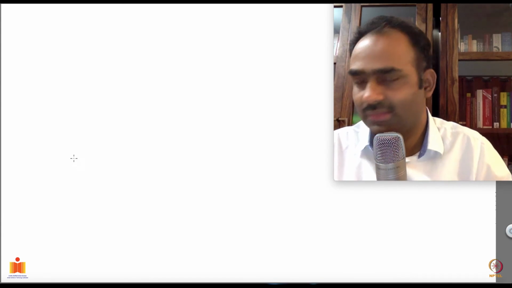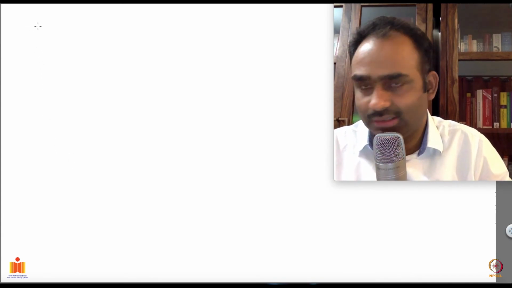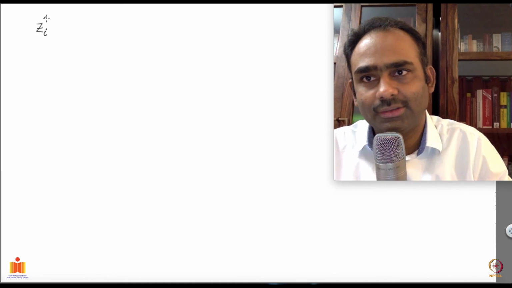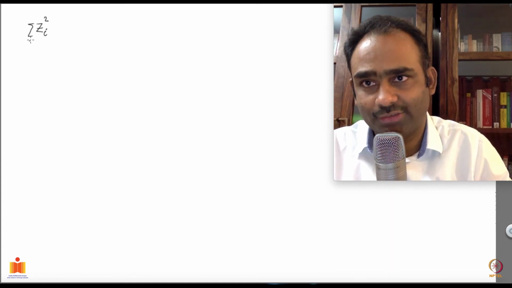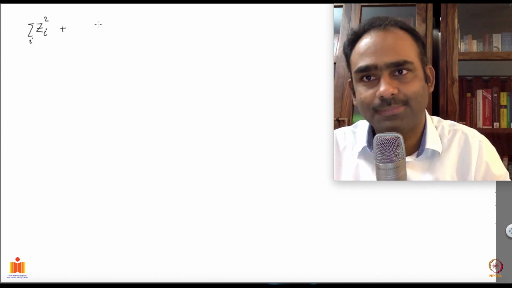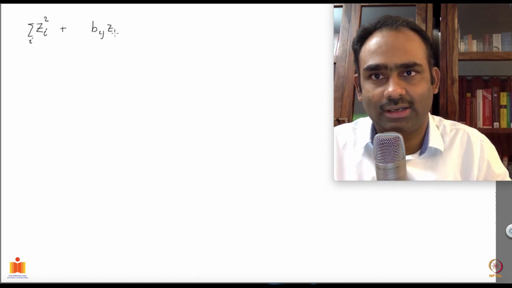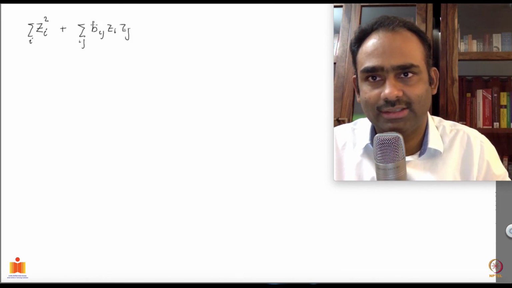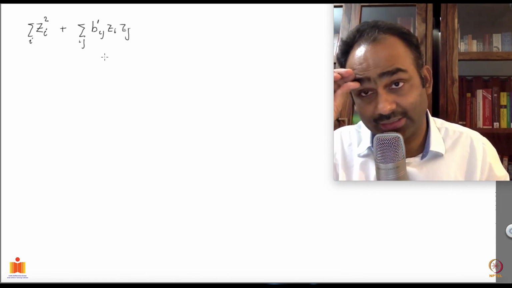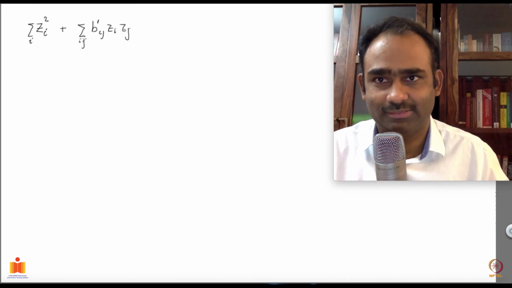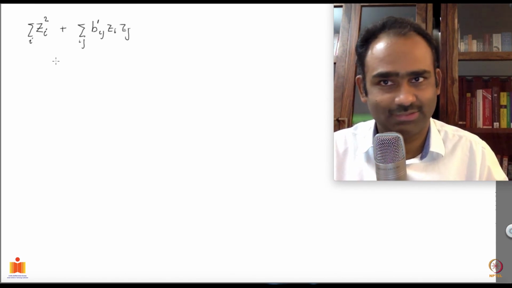So as I said, after reducing the first piece to a sum of squares with unit coefficients, I would end up with Bij zi zj, summation over i, j, and this is b prime. Okay, that you agree. If you are not clear why b will again be symmetric, sit down and check whether you are fine with that assertion.